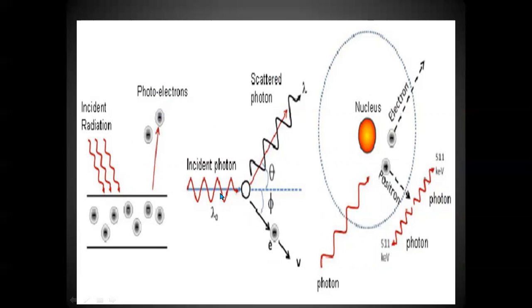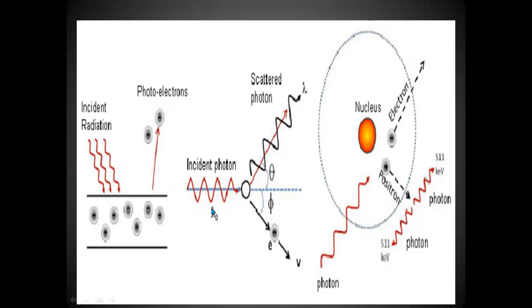Now this is the surface. This circle represents the surface of the metal. And here incident rays in the form of photons are coming. Here the photon, or quantity of energy, is considered or taken as a wave, not as a particle.